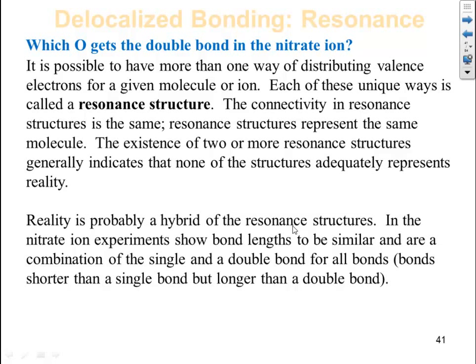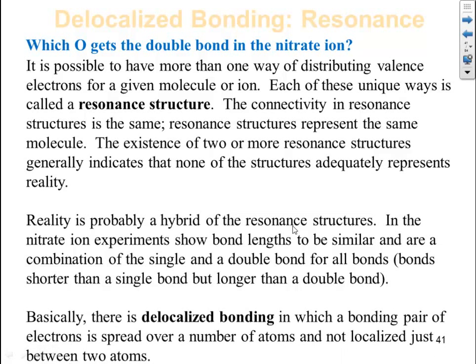The bonds are shorter than a single bond, but longer than a double bond. Basically, there is a delocalized bonding in which a bonding pair of electrons is spread over a number of atoms and not localized just between two atoms. So basically, this additional pair of electrons is shared between all three oxygens, not just between one oxygen and one nitrogen.